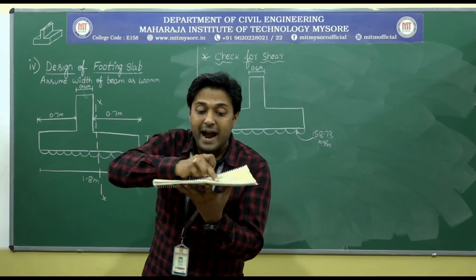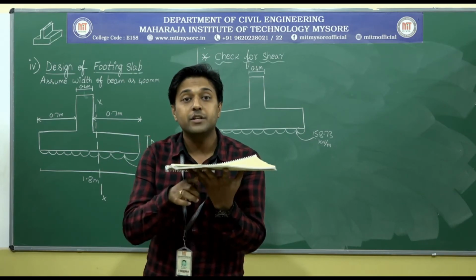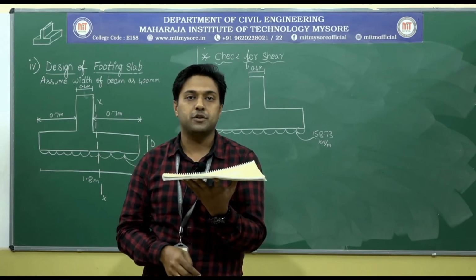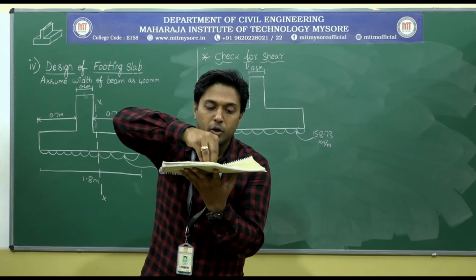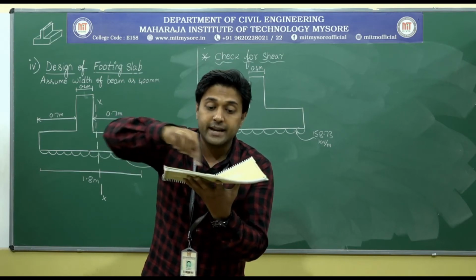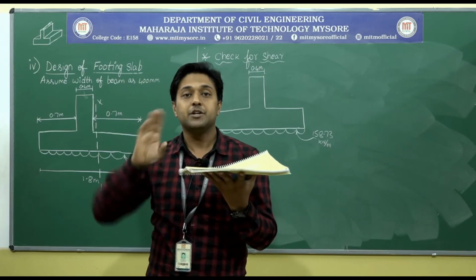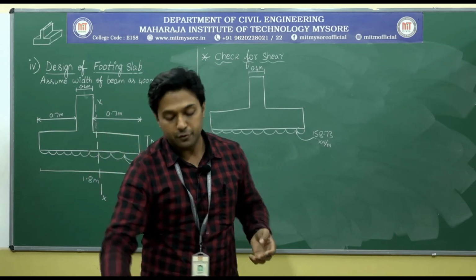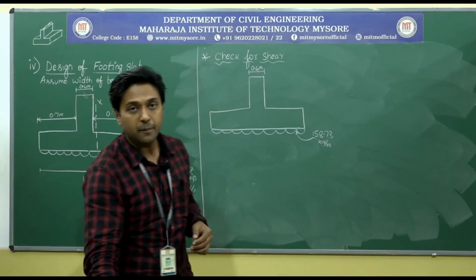It means that at a distance d from the face of the beam, the shear force comes into picture. Whenever I am applying the column load, the sides are getting lifted up. So from where the shear force comes into picture, at a distance d from the face of the beam.